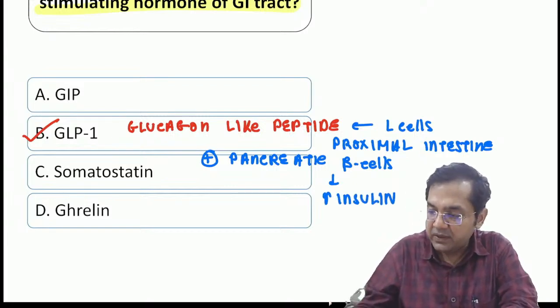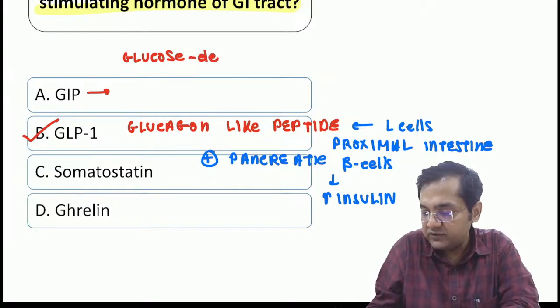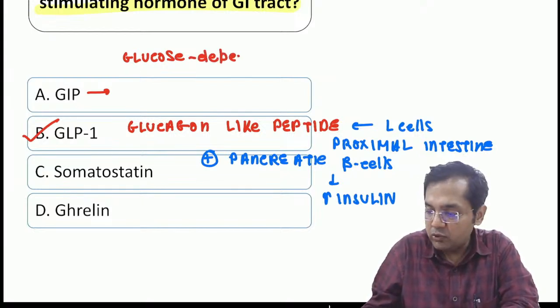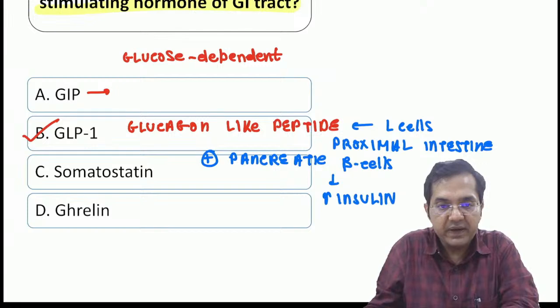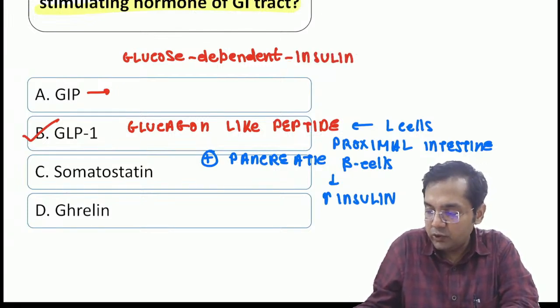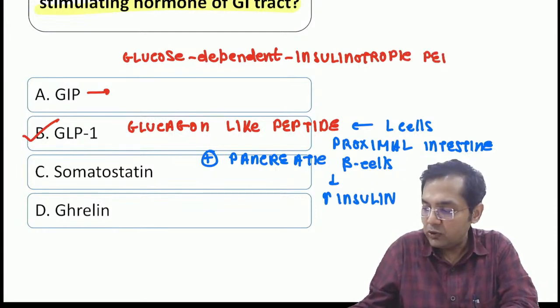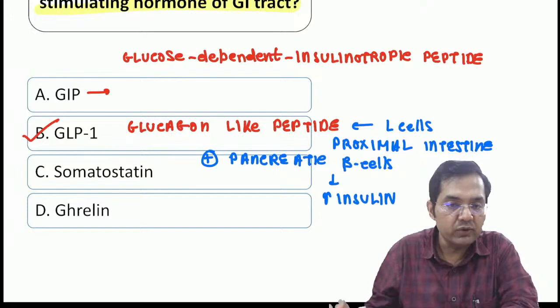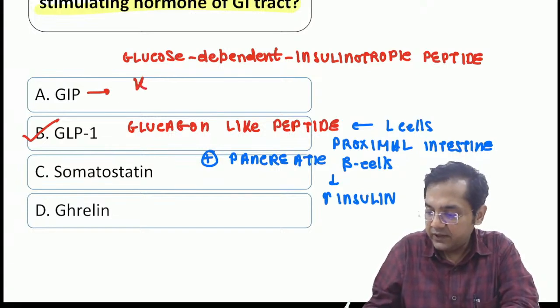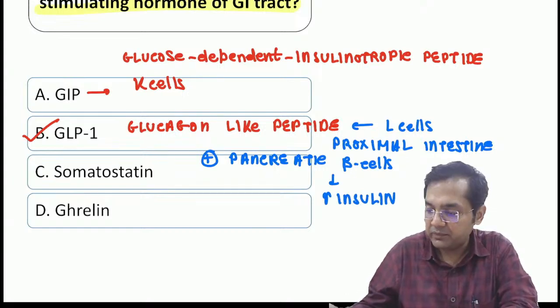So please remember, GIP they can also ask you in the exam. The new name of GIP is glucose dependent insulinotropic peptide. It is produced from the K cells, which are also present in the proximal intestine.